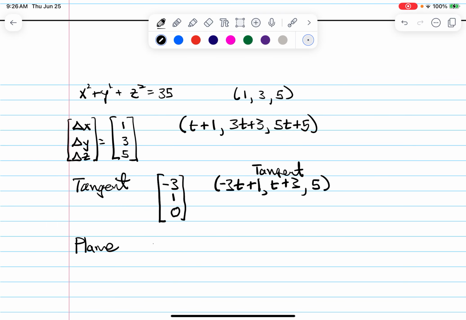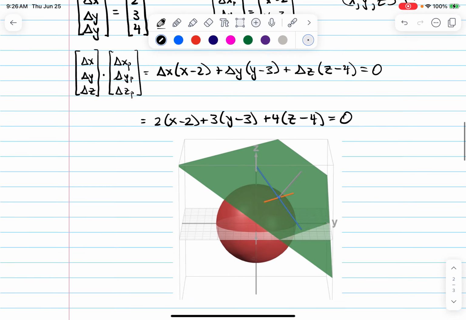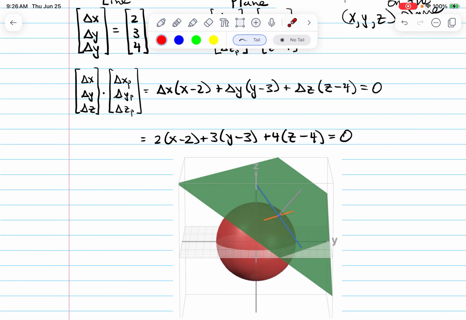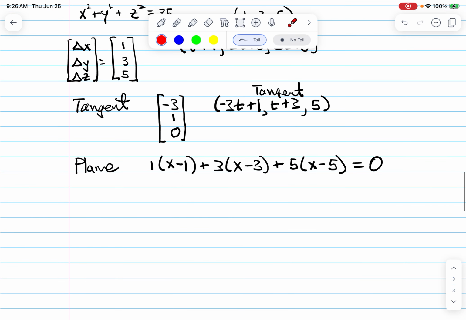I've got 1 times x minus 1 plus 3 times y minus 3 plus 5 times z minus 5 equals 0. Now notice how that's like this one right here. Very similar to that. This will give you the tangent plane.